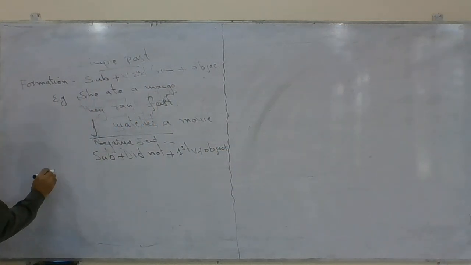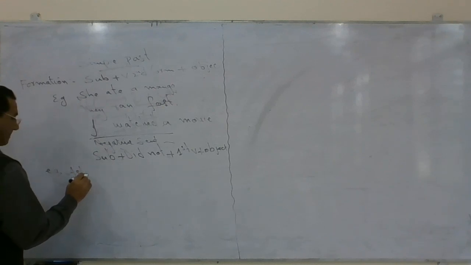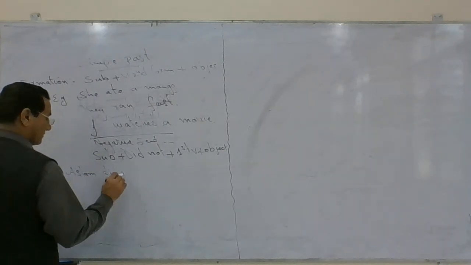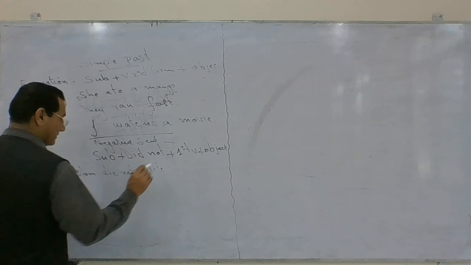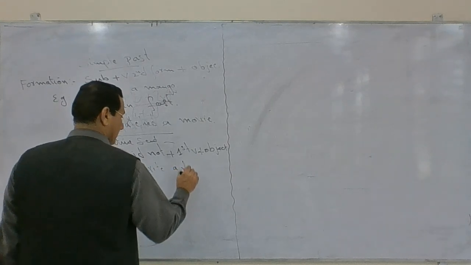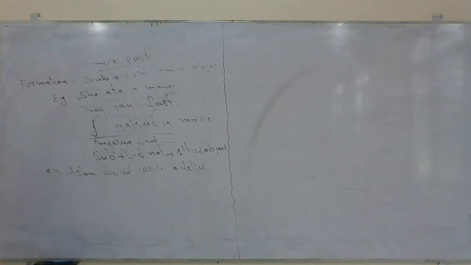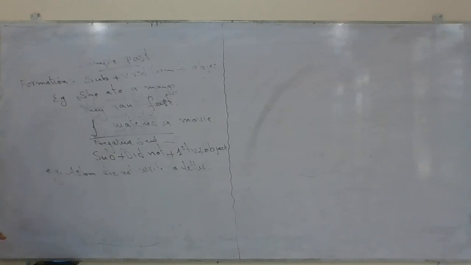For example, the same sentence if I write: Aslam did not write a letter. Now I used did, and did in itself is the past form of do.